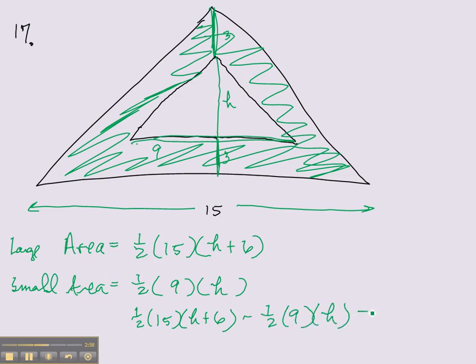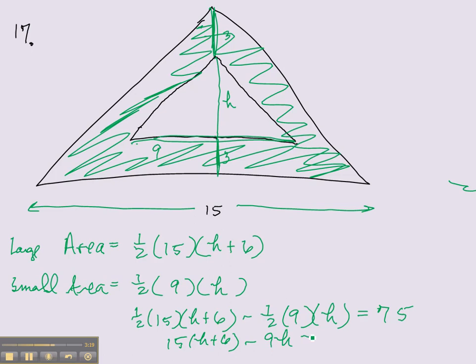We should be able to solve this equation for h. I think I will multiply everything by 2. So that's 15 halves times 2, that's just 15 times (h plus 6). And then this will just be minus 9h. That'll be 150. I'm running out of room.